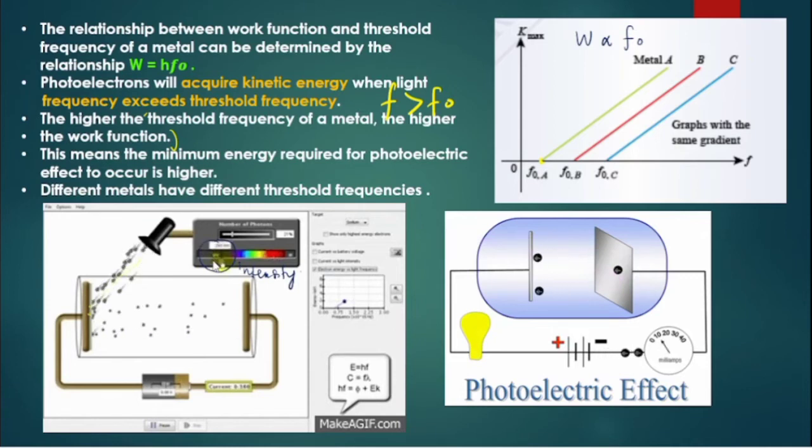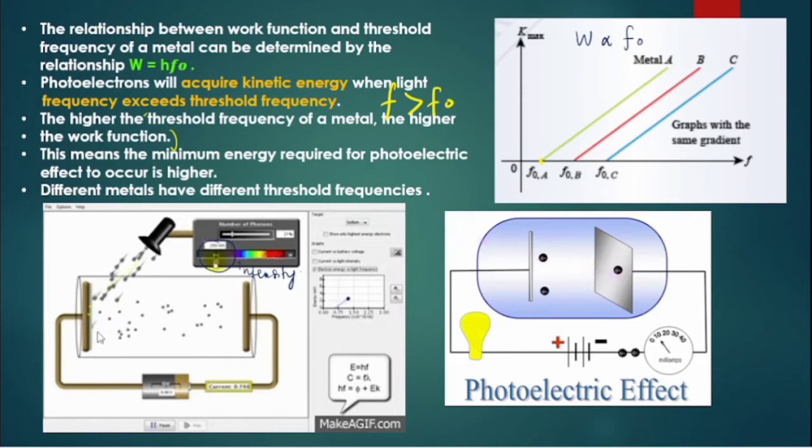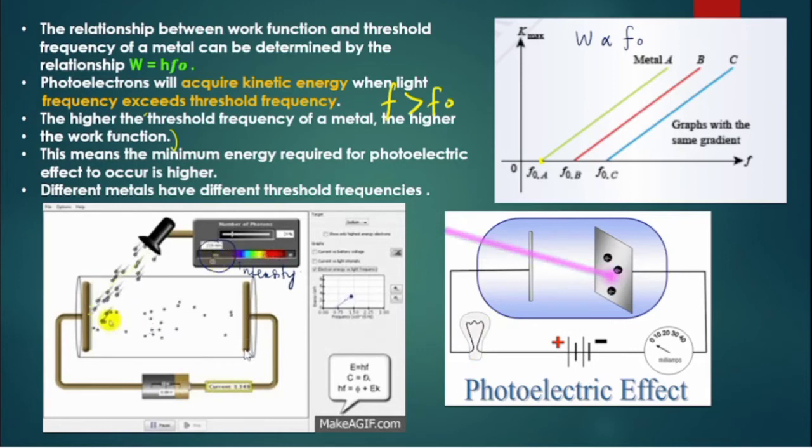When the intensity of light is higher, more photons will reach the metal surface. Thus, the number of photoelectrons emitted also increases. When the number of photoelectrons emitted increases, more electrons will be attracted to the anode. The larger charge flow in the circuit will result in greater current.